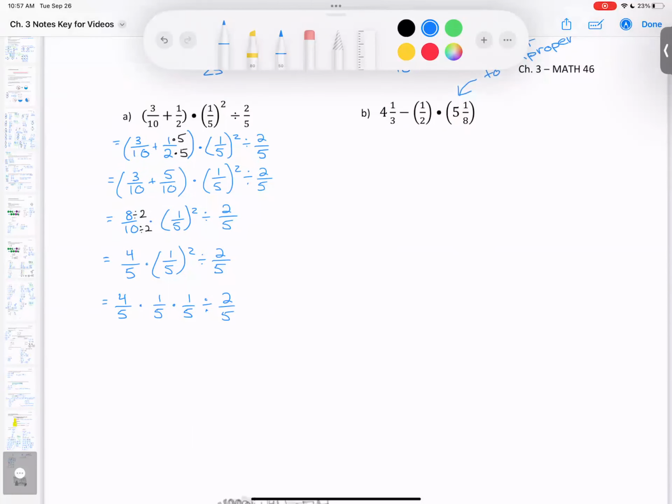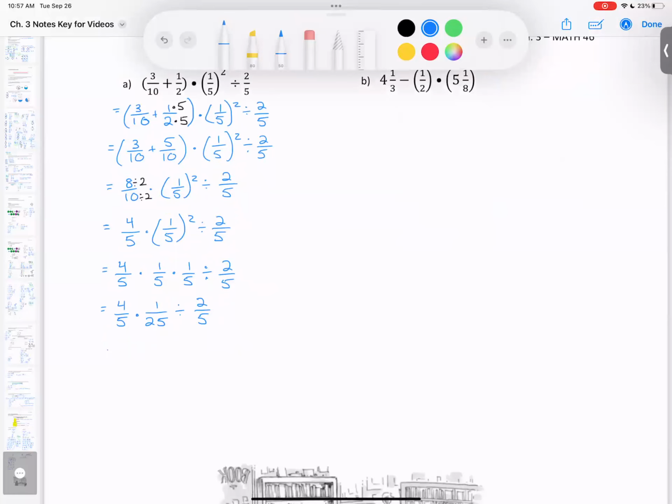So let's just deal with the 1/5 times 1/5. So we've fully dealt with the exponent. We could do that first multiplication with the 4/5 first as well. Either way will work. But I'm going to do 1/5 times 1/5 to get 1/25. And then I've got divided by 2/5.